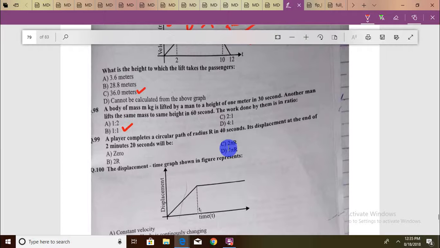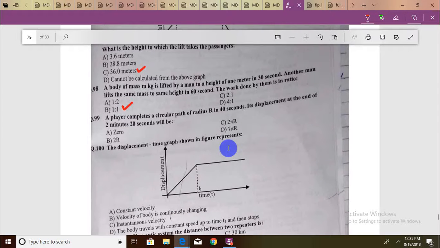A player completes a circular path of radius r in 40 seconds. So there is a circular path, its radius is given, and the time taken for him to reach the same point is 40 seconds. What is his displacement at the end of 2 minutes 20 seconds?